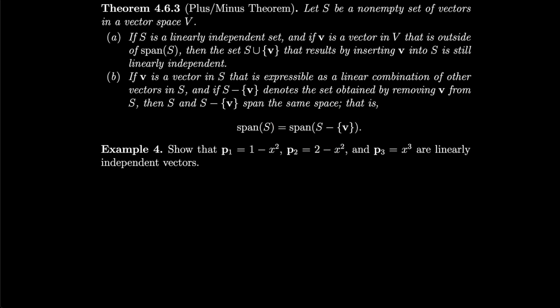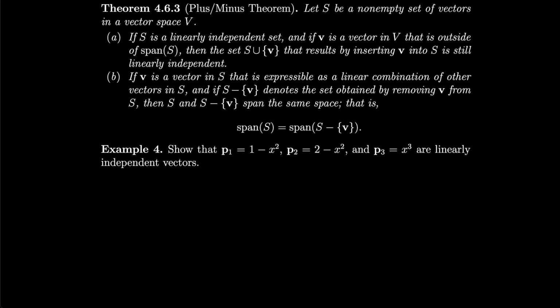So what we're saying is, if we have a linearly independent set, and we have a vector that is not in the span of S, then the new set that we get will still end up linearly independent, because it wasn't something that could be expressed as a linear combination of the other ones. It kind of makes sense.